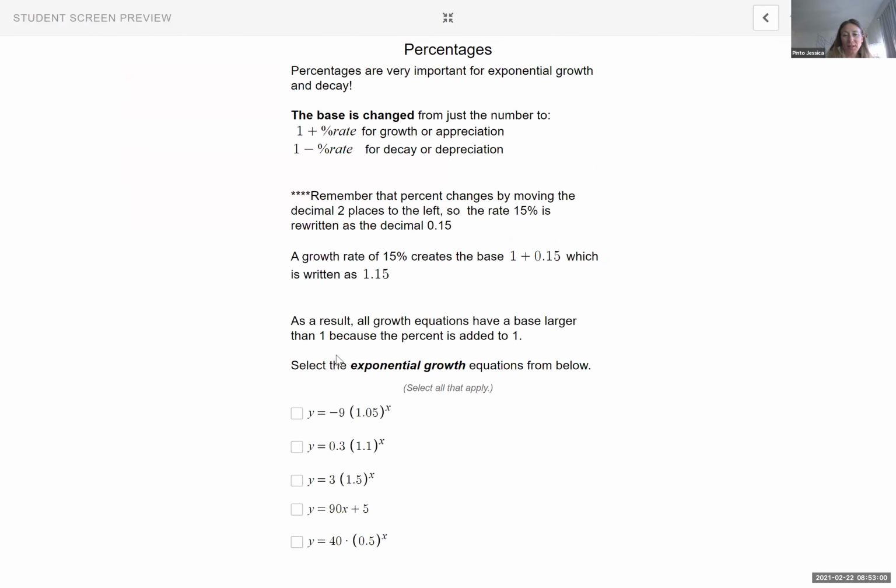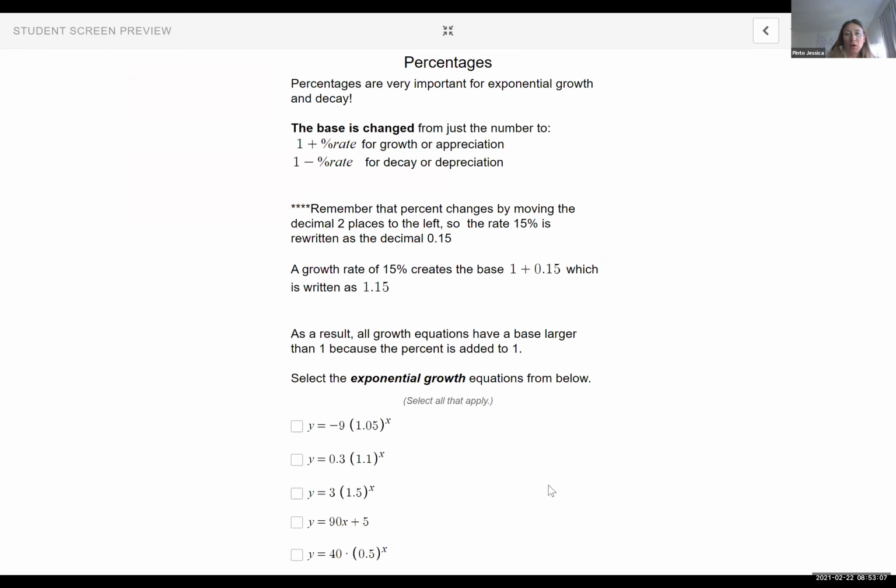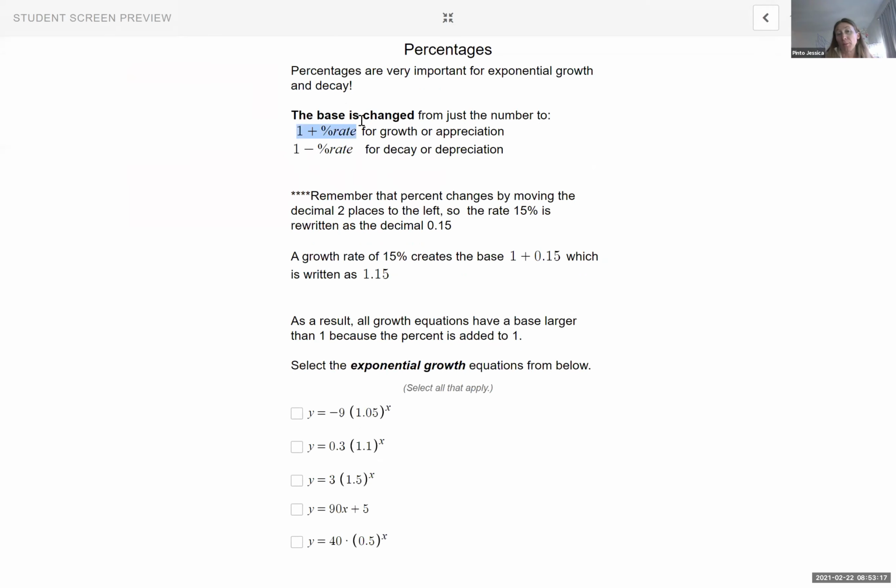Just a couple more. And so now we're switching over to percentages, and this is the really fun part. When we use percentages with these exponential and linear equations, we've got 1 plus the percentage rate for growth or appreciation, that's a fancy word for growth, or we have 1 minus the rate for depreciation.